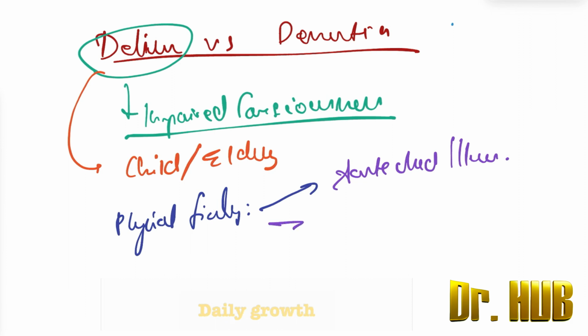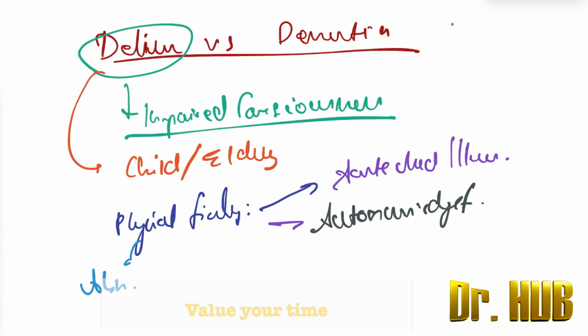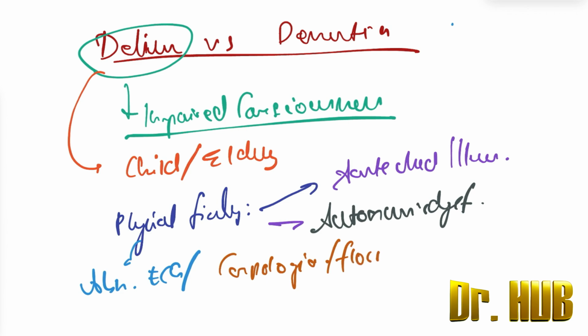There can also be autonomic dysfunction, and there is an abnormal ECG, as well as carphology, or floccillation.